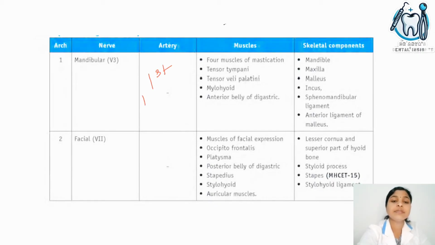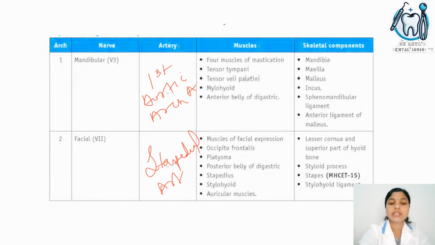Then the second arch is supplied by the facial nerve, and here the artery is the stapedial artery.